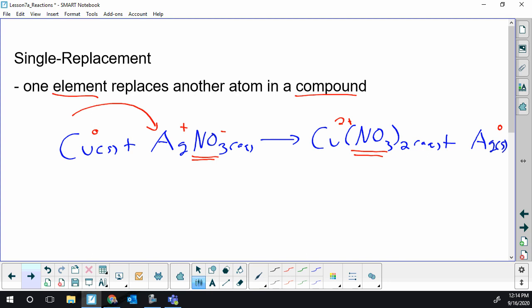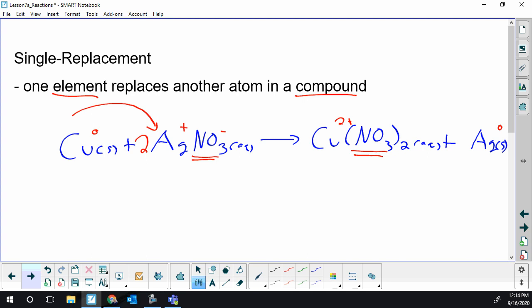Here we have 2 nitrates. Over here we have just 1. So I can balance the N and the O fairly quickly by putting a 2 there. It now means we have 2 nitrates on each side. 2 N's and 6 O's on both sides.